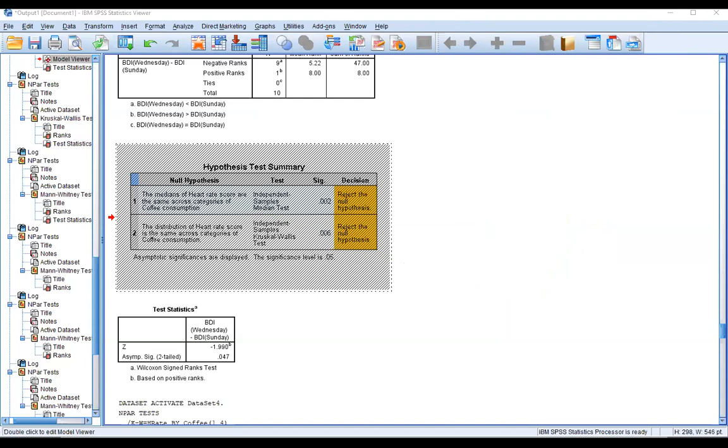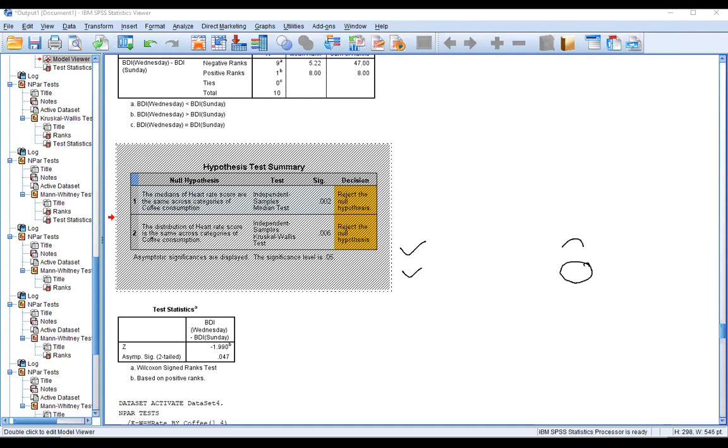So one is 1 cup coffee, there are 3 pairs. First is no cup coffee with 1 cup coffee, so it is not significant. No cup coffee with 2 cups, not significant.